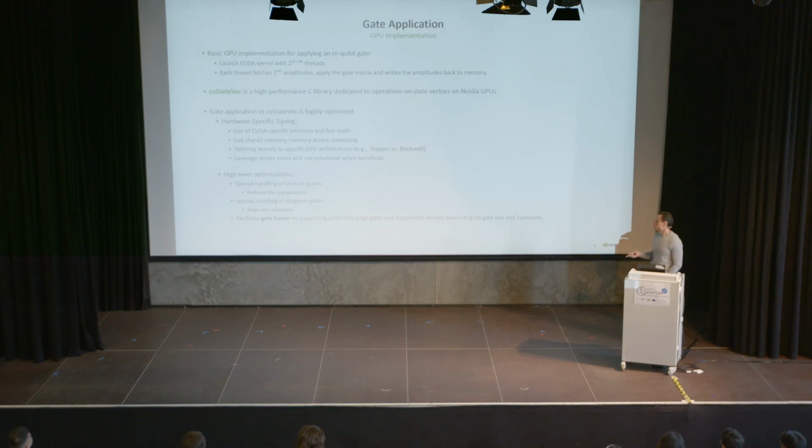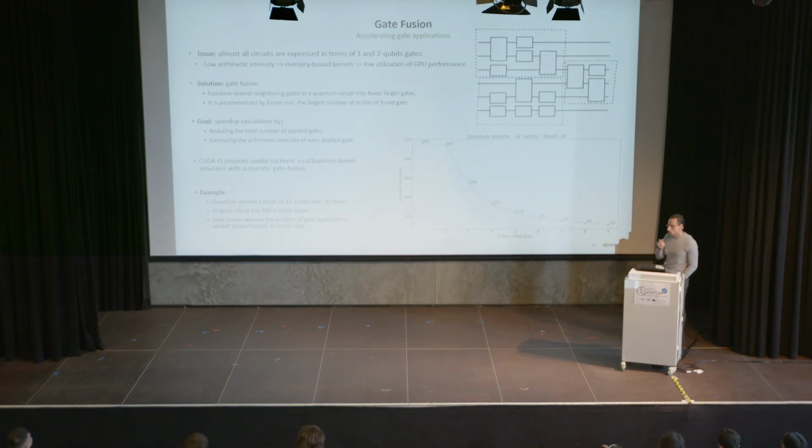Now, what is this gate fusion and why do we need it? The problem is that many circuits are mostly specified in terms of 1 and 2 qubit gates. And these low qubit gates have small matrices, which means that the gate application kernel will have a low arithmetic intensity.